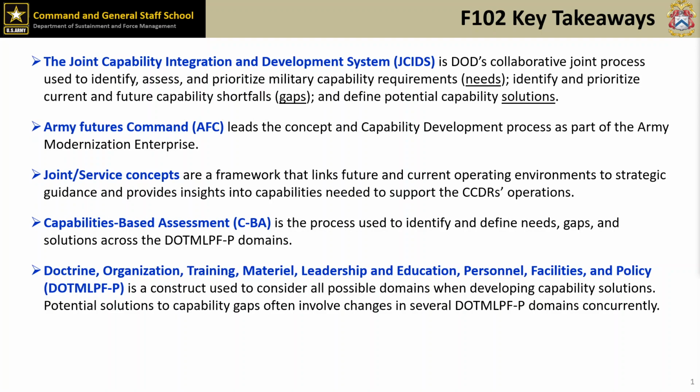The second is how we use those concepts inside of what's called a capabilities-based assessment, which is the first step of JCIDS, to compare the requirements for the future, the current capabilities, find the gaps between the two, and then determine some possible solutions across the DOTMLPF domains that we talked a little bit about in F101. And then thirdly, we're going to talk real quick on how we document those recommended solutions.